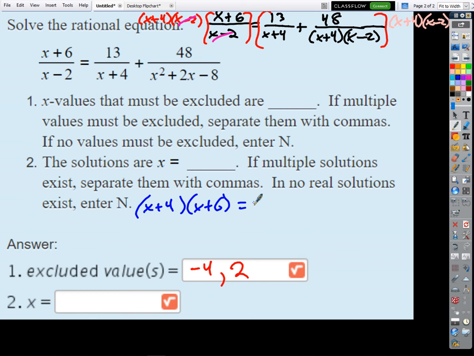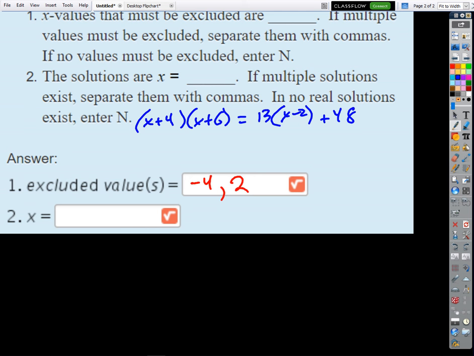How about over here? If I distribute this factor to the first term, the x plus 4s are going to cancel, so from the first term we just get 13 times x minus 2. Agreed? When I distribute it to the second term, everything cancels, and I'm just going to get 48. So now I just have to solve this equation.